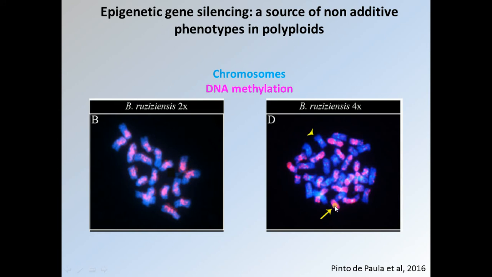And that could lead, of course, to some transgressivity, unless it's just a dosage compensation, again, with this one being expressed, compensating for this one. Of course, this is just a preliminary study, and more needs to be known in terms of gene expression, but that's a possible mechanism that needs more exploration in the future.